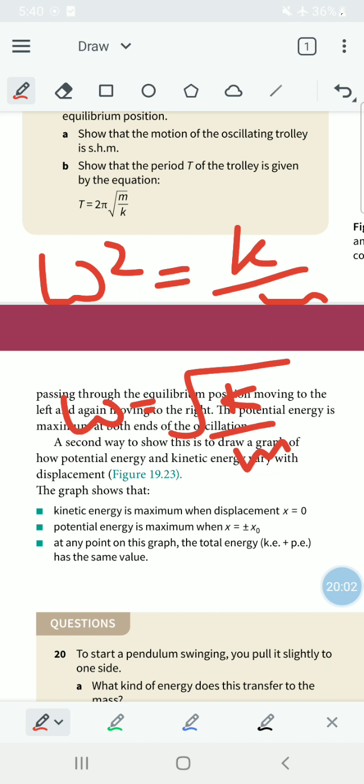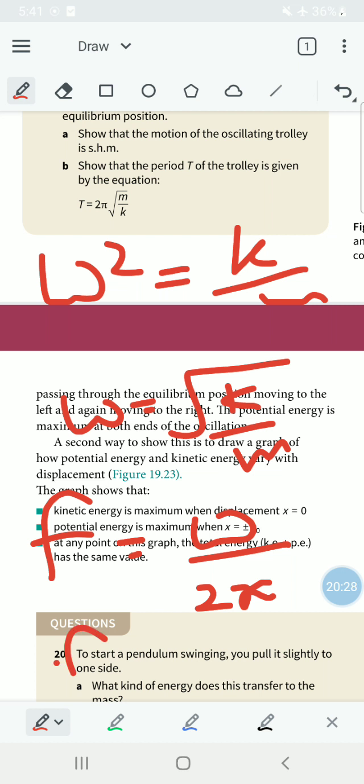Then you know another equation for frequency. Frequency is equal to omega upon 2 pi, which can be equated to f equals 1 upon 2 pi multiplied by the square root of k upon m.